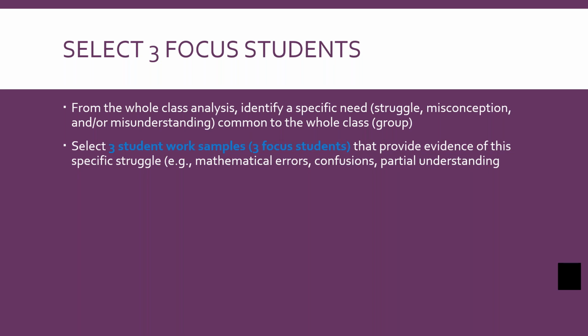Then you know they all have the same pattern of misconception, and they all have the same learning need. So we have the specific evidence, we have the focus students, and we have the specific need. So you'll be selecting 3 student work samples that provide evidence of the specific struggle.